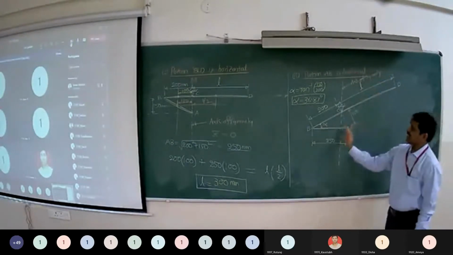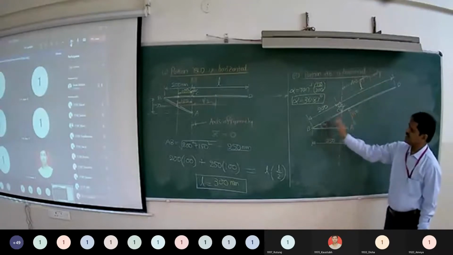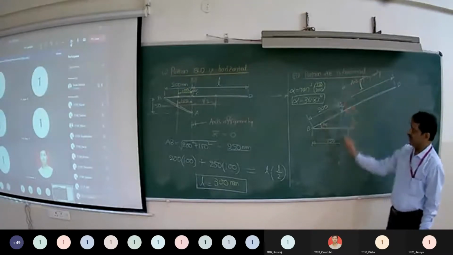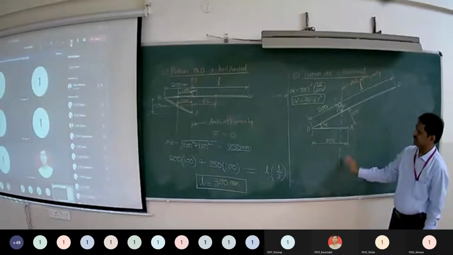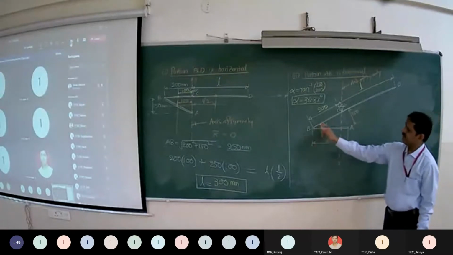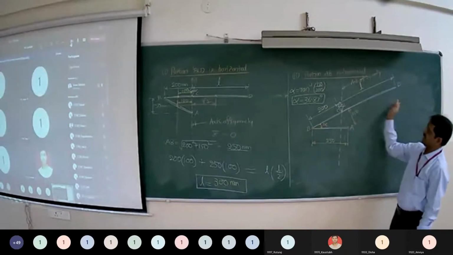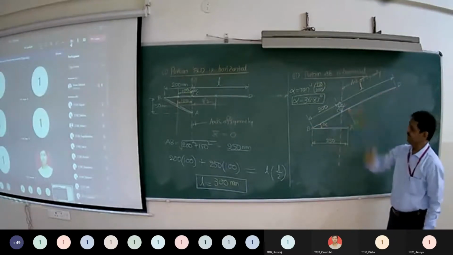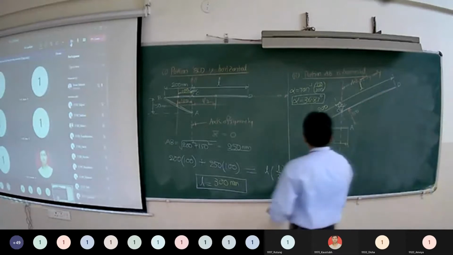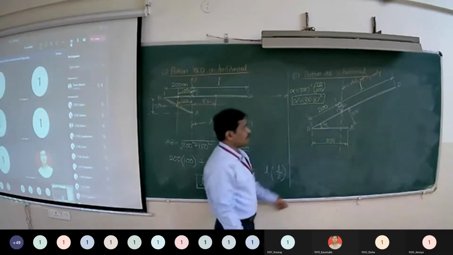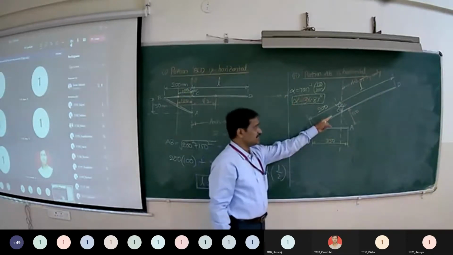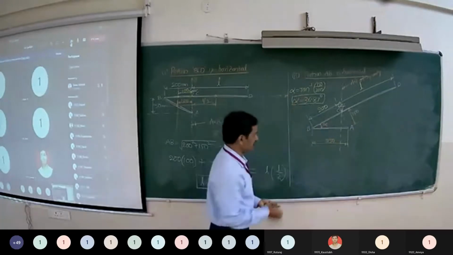Therefore, we can equate the moments of line segments on both sides of the axis of symmetry. Left hand side, we have line BC and line AB. Right hand side, we have line CD. So taking moments about the vertical line passing through C and equating on both sides.